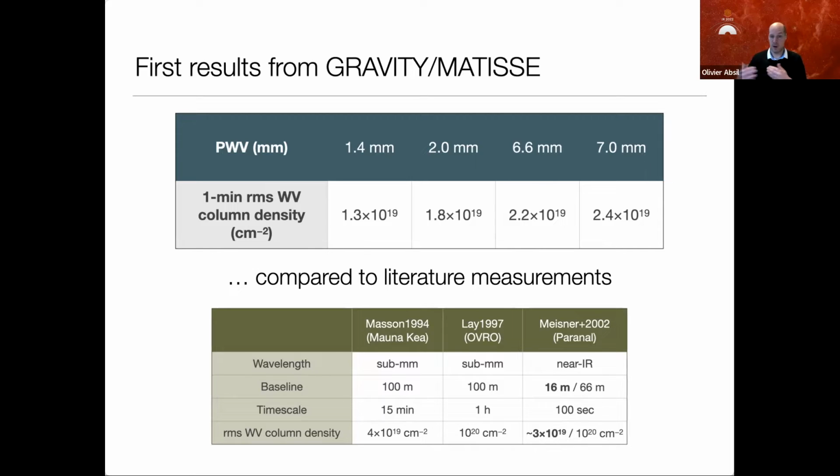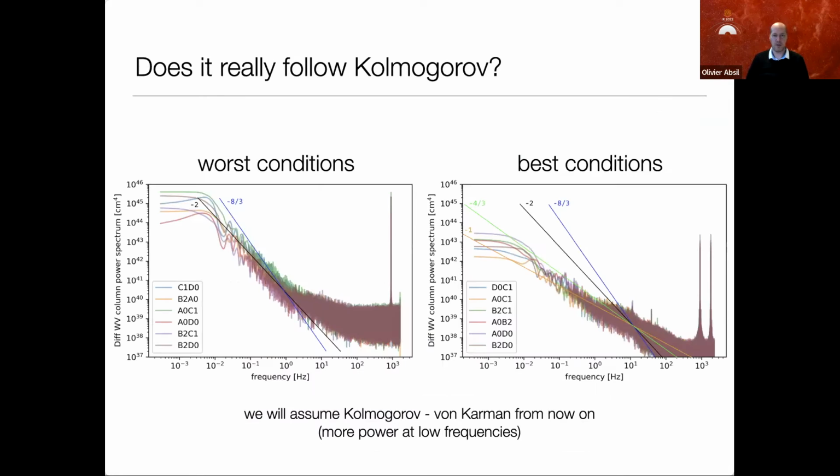So now that we know the amount of differential water vapor condensity, we can first check whether this follows Kolmogorov statistics as expected. And actually, this might not be fully the case. In the worst cases, I saw the power law to be quite close to the -1/8 that we expect from Kolmogorov statistics.